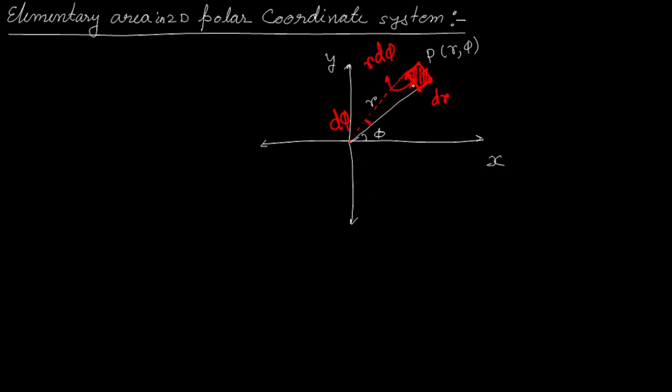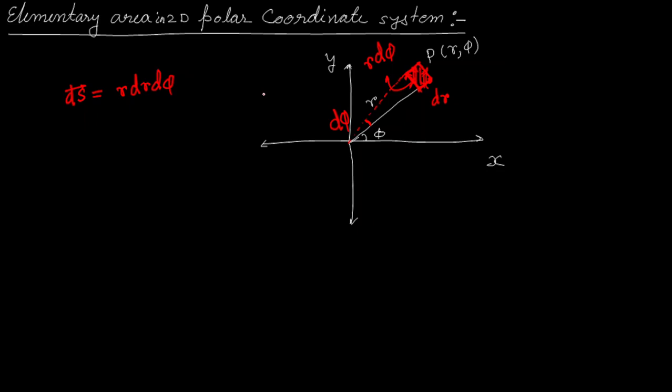This length is almost equal to the opposite length, because dr and r d phi are very, very small. So the elementary area in the polar coordinate system is just the product of these two lengths: r dr d phi.